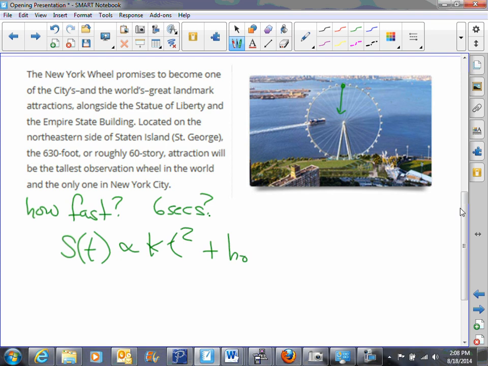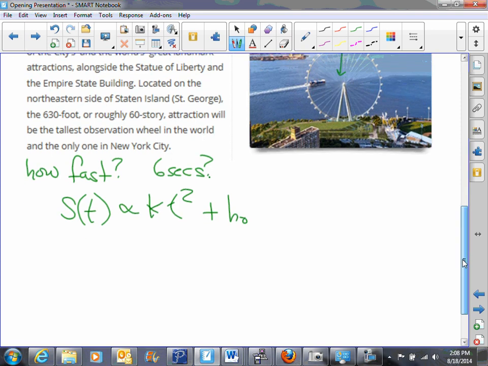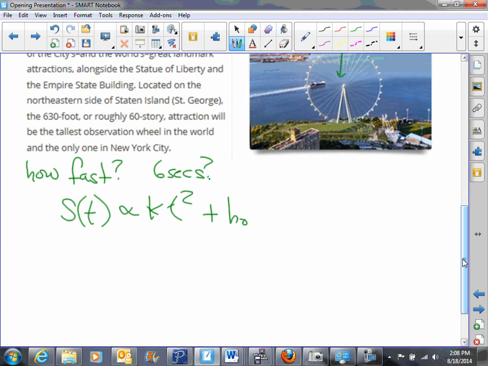Now it turns out that if we're dealing with feet, then the constant is -16. So we could say that S of t is equal to -16 t squared plus h naught, which in this case is 630 feet. I think I scrolled down a little too far. No, I didn't. Here it is, 630 feet.